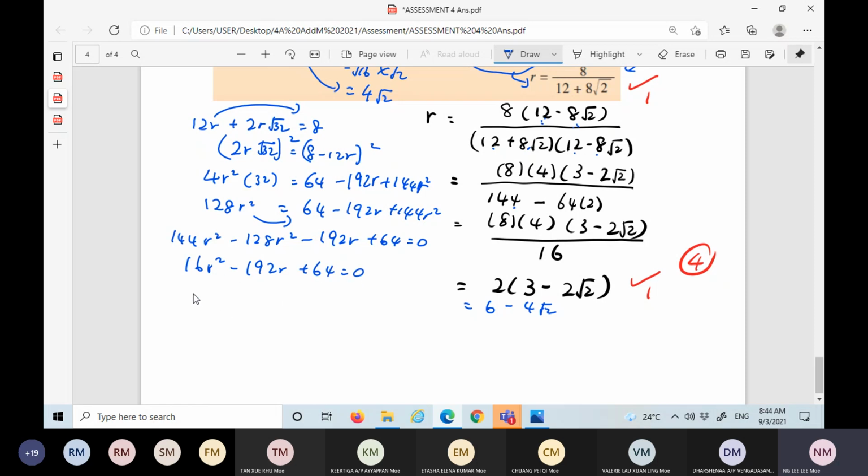So this you have to use the formula: negative B plus minus square root of B squared minus 4AC, over 2A. Then you will end up with something like this. Because here you see the denominator is not a nice form. So you confirm you will end up with this.